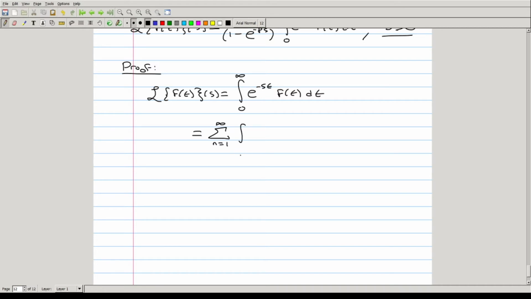So the integral from n minus 1 times p to np of e to the negative st f of t dt.